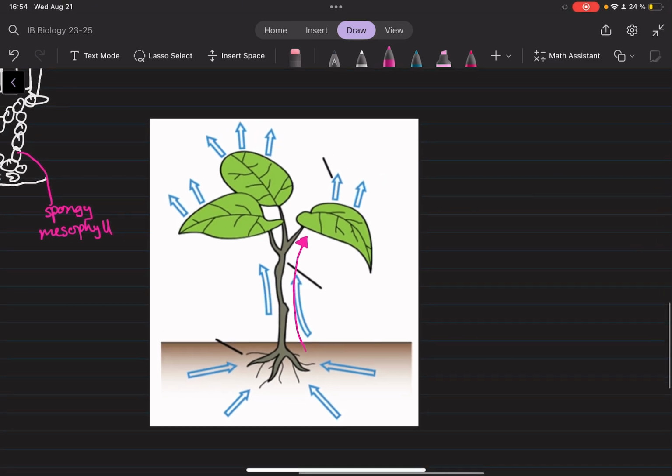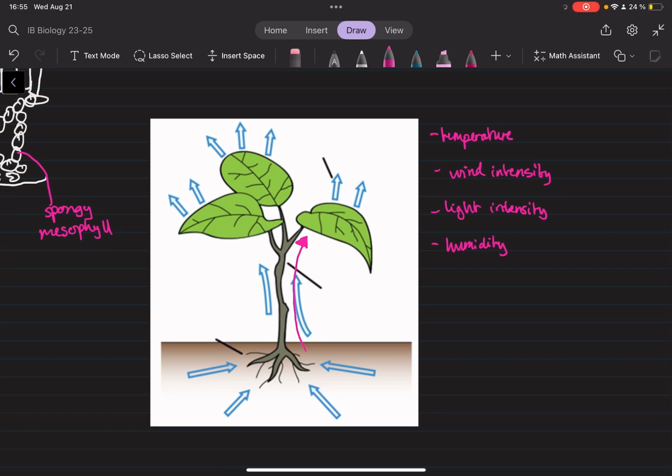And there are 4 different factors of transpiration that we need to learn. And those are temperature, wind intensity, light intensity, and humidity.